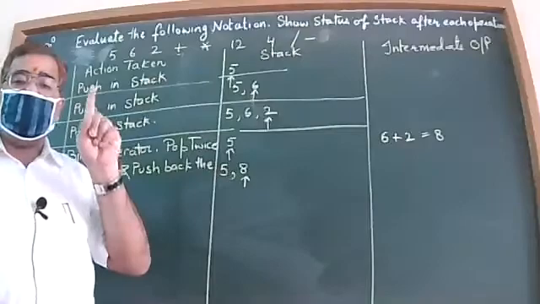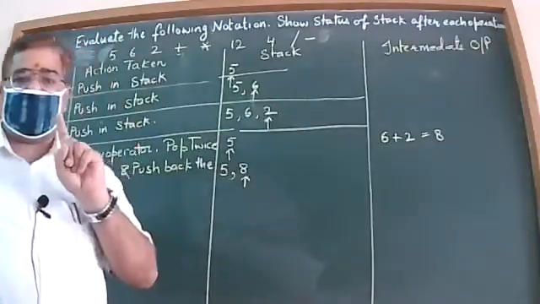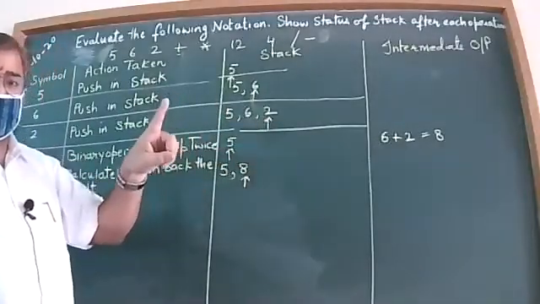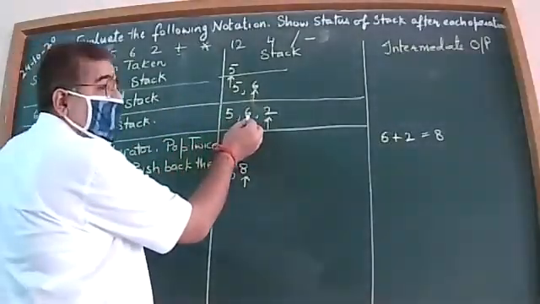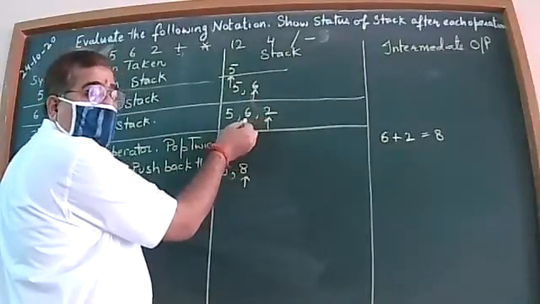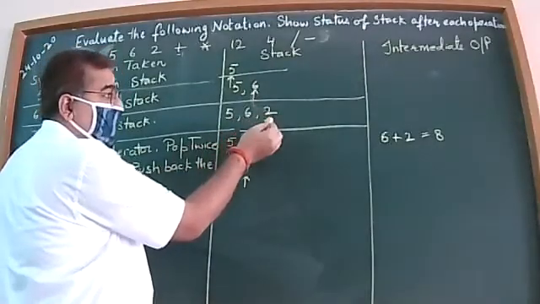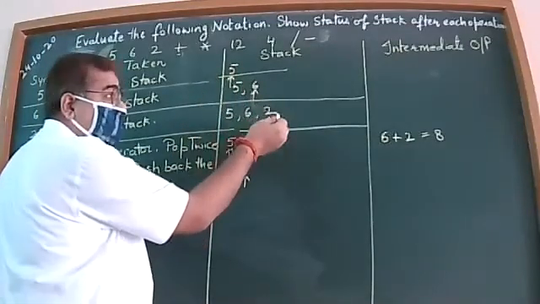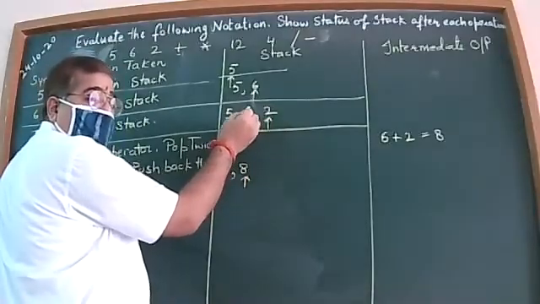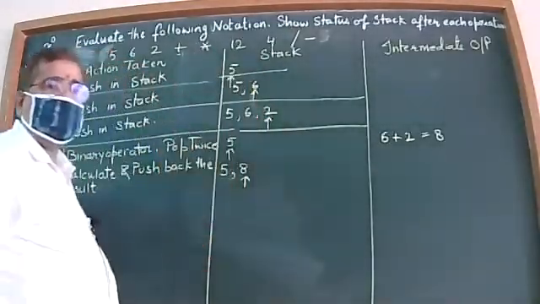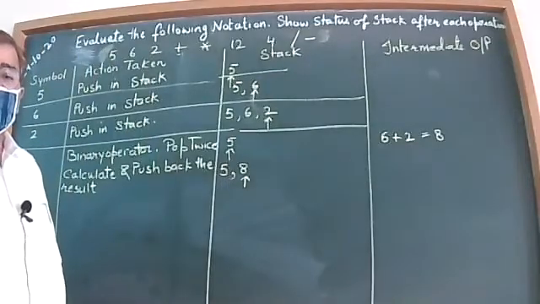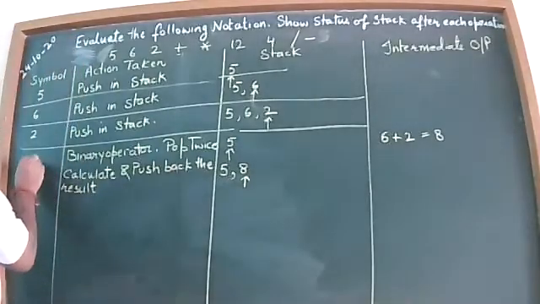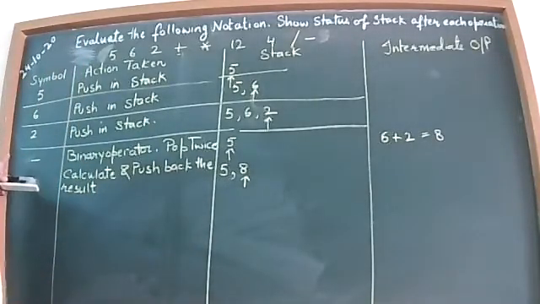Now here note down one very important point. While popping the two numbers, check the number which is lying before the top; at top we have 2. That number is to be placed first. What I want to say to you, suppose the sign is minus.